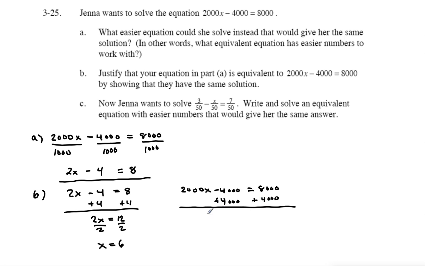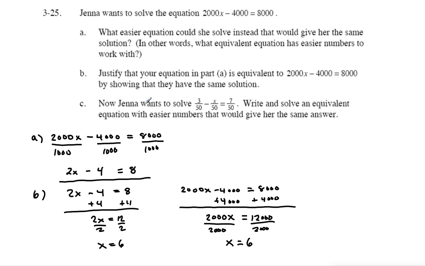We get here that 2,000 x's equals 12,000. And then when we divide each side by 2,000, 2,000 goes into 12,000 the same number of times that 2 went into 12. So x equals 6. So we've confirmed that there.